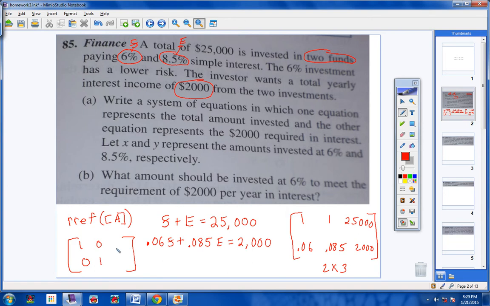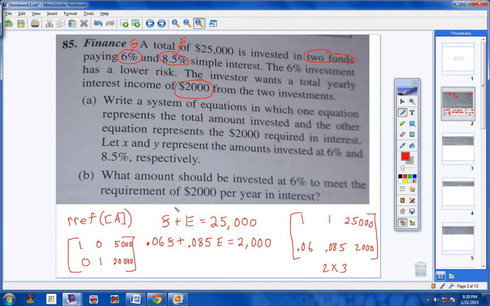And then for the numbers over here, let me check and see what I get out. You're going to get out 5,000 right here, and you're going to get out 20,000 here. Now the question is, what amount was invested at 6%? Well, think about it, guys.